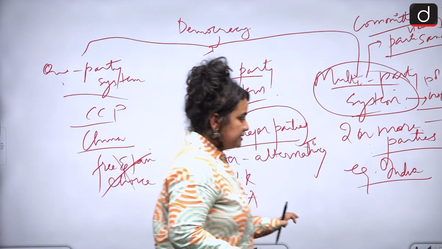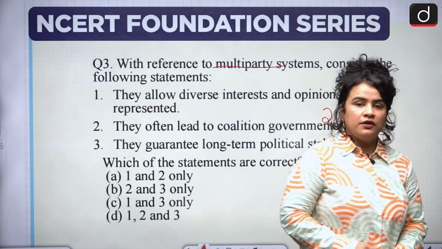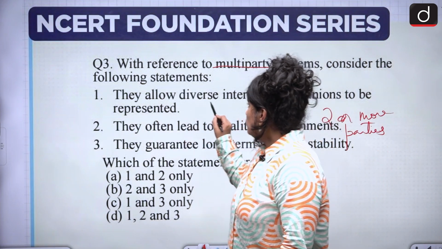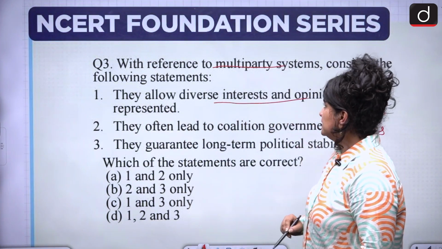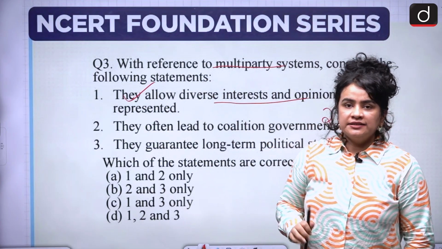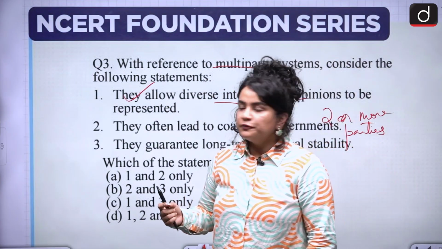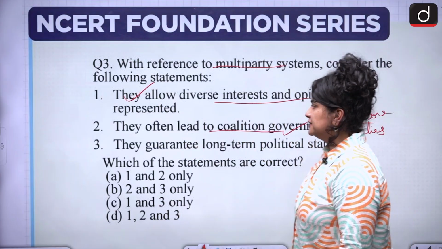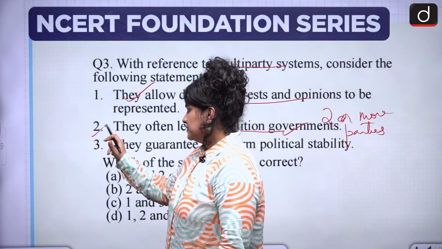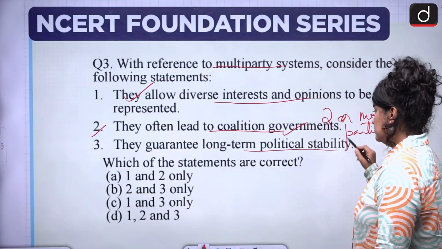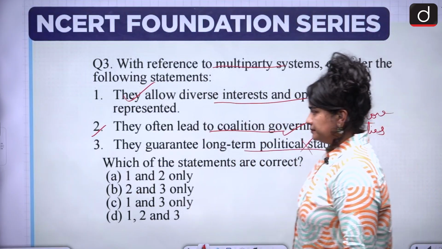So based on this, let's try to solve the question that we have. First, they allow diverse interests and opinions to be represented. Yes, this is what we discussed as one of the strengths of the multi-party system. Two, they often lead to coalition governments. Absolutely, they do, as we just discussed. And three, they guarantee long-term political stability.